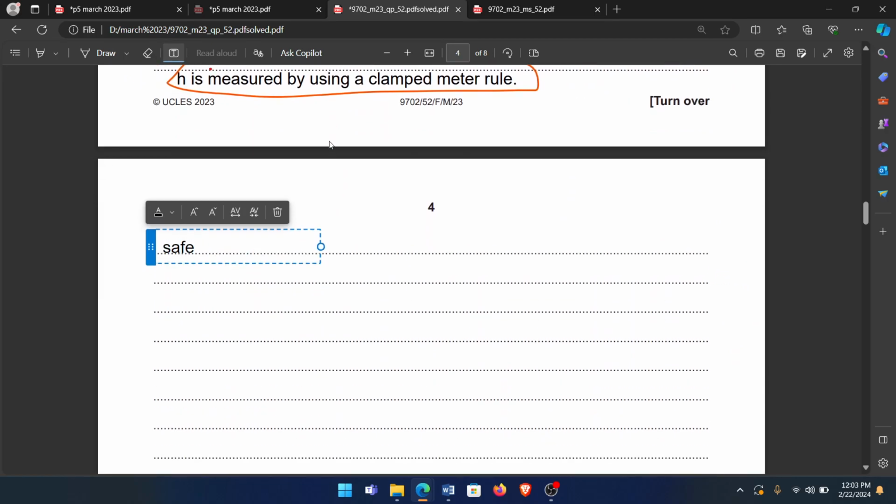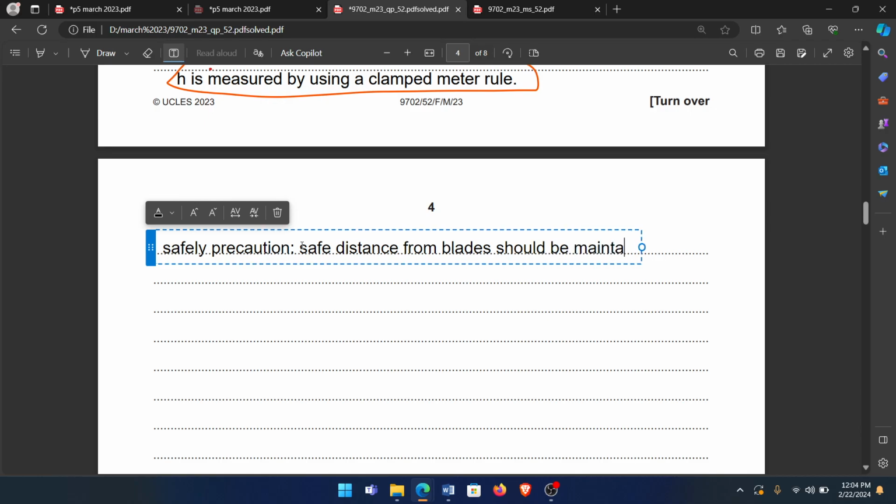Okay, safety: a safe distance from blades should be maintained, right? Otherwise you would be hurt.